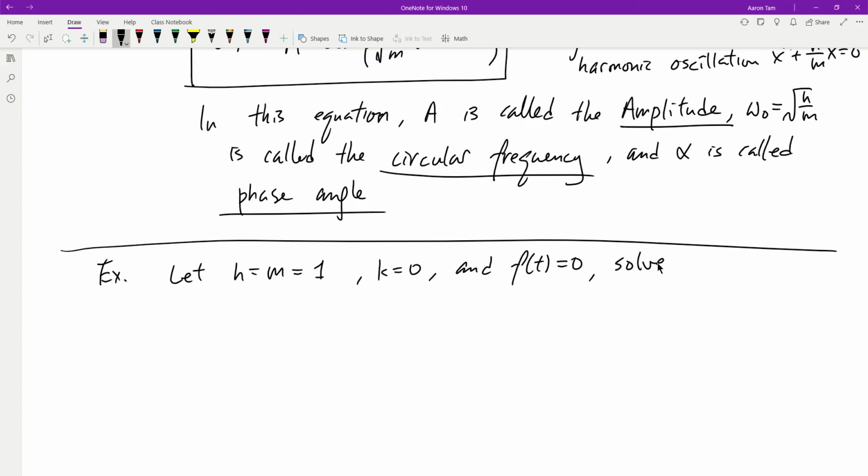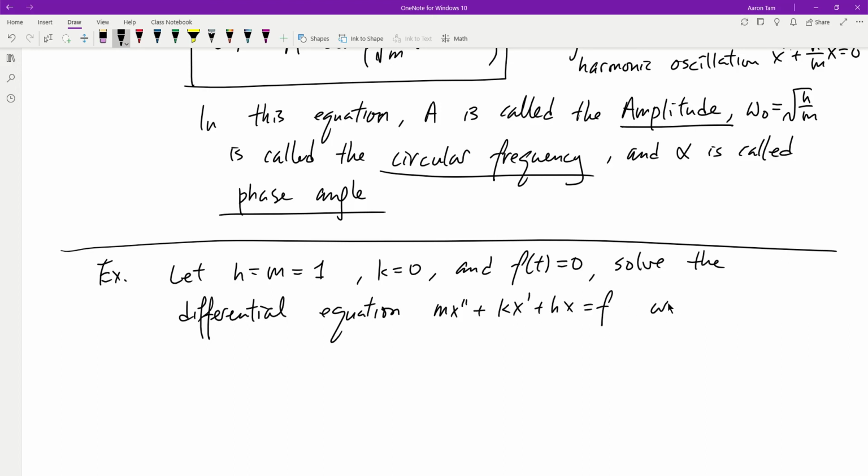Let's try to solve the differential equation m x double prime plus k x prime plus h x equal to f, with the initial condition.